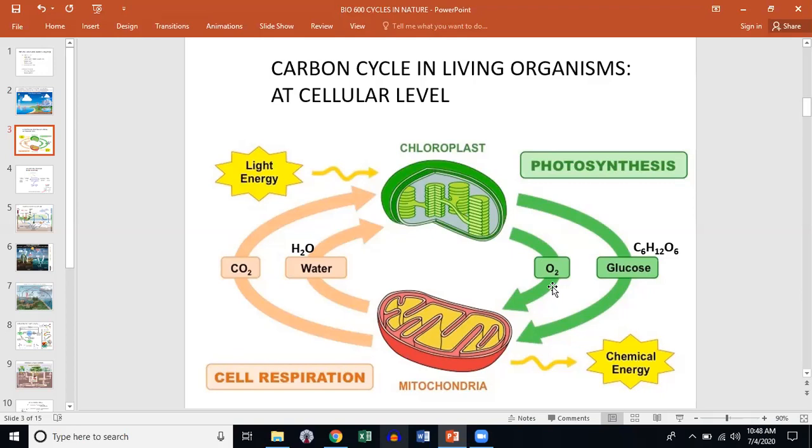Because oxygen is very reactive, and when we add this oxygen to the glucose, we get the reverse reaction of photosynthesis, where we split the glucose molecule. All right, and when we split the glucose molecule, we get energy release for metabolism, for living, for being alive. And the products of burning the glucose with oxygen are going to be water and CO2.